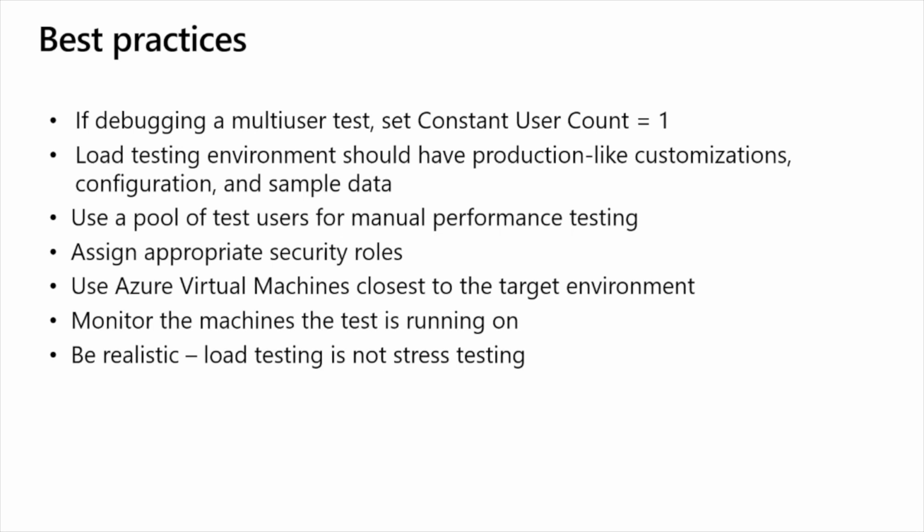Use Azure VMs to host a test that are closest to the actual environment you want to test, right? So that you don't end up in 2 different regions that are far from each other. That might be causing an impact in terms of latency for the web requests. Also, don't forget to monitor machines that the tests are being run on.